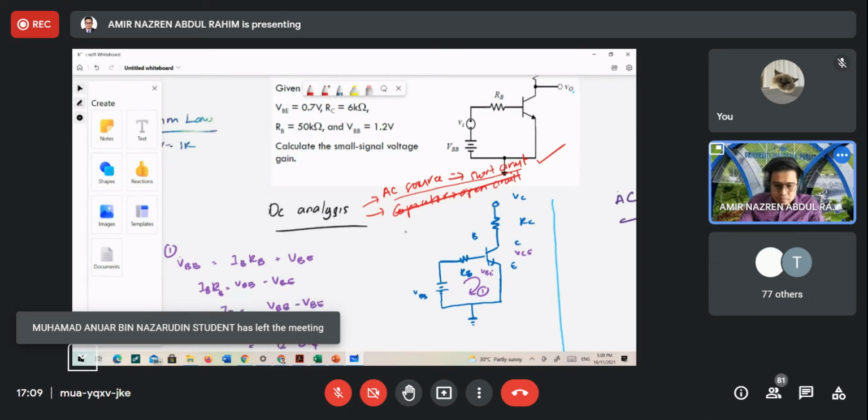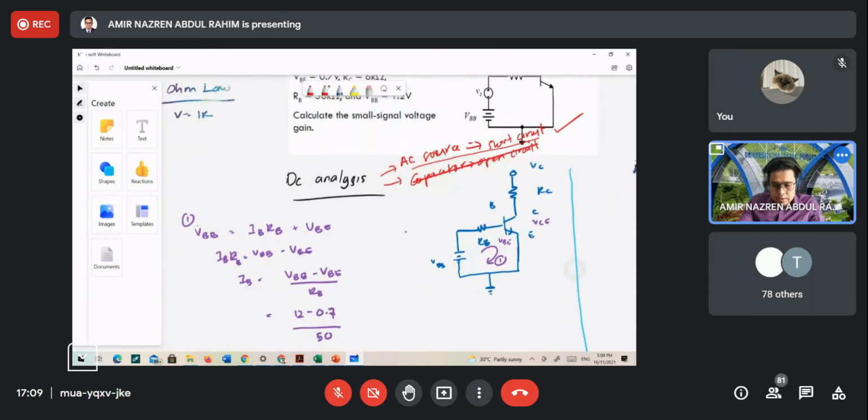So now we do the DC analysis. What are the common things that we need to find in DC analysis? First IB, then we find IC, IE, and we need to find VCE, the Q point. Those are the common four elements that we need to search for.